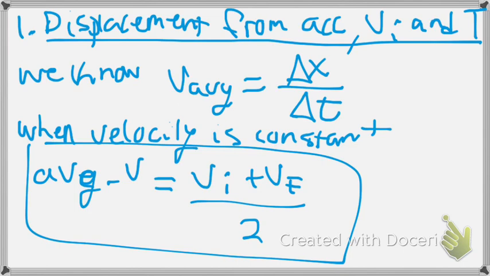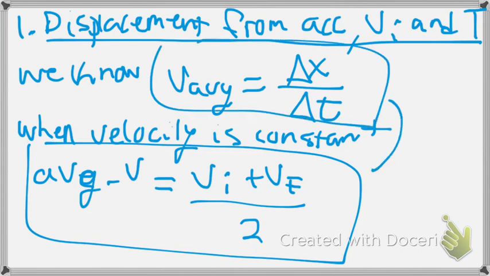velocity final. So now we have two equations, this top one here and this bottom one here, where we are talking about average velocity. So we can set these equal to each other. I'm gonna wipe my screen here.